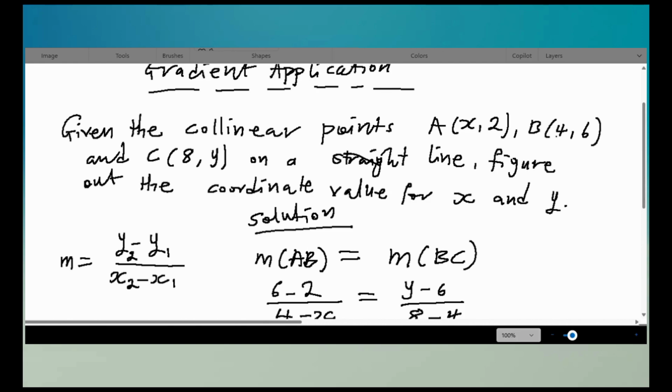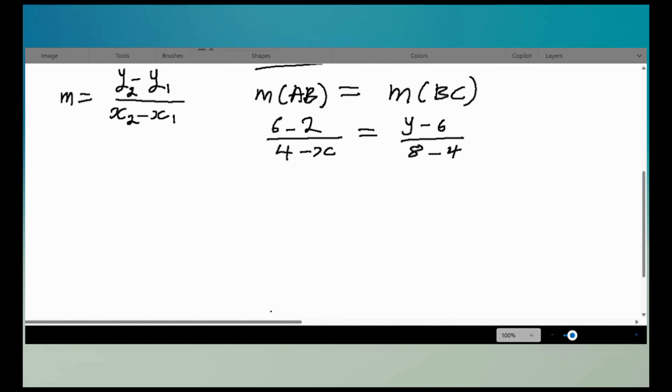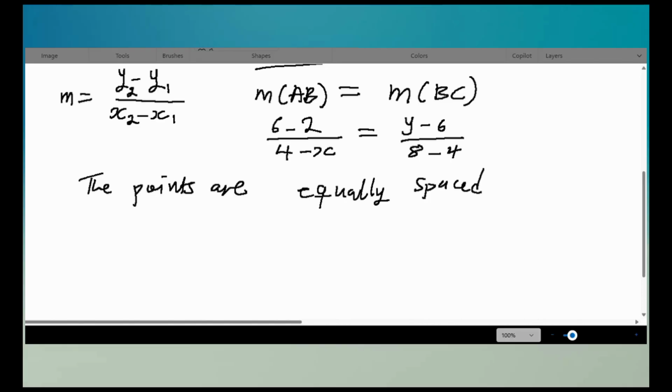Okay, so we're going to have this, and according to the question, the given points are collinear, right? And because the points are collinear, then the points are equally spaced horizontally.